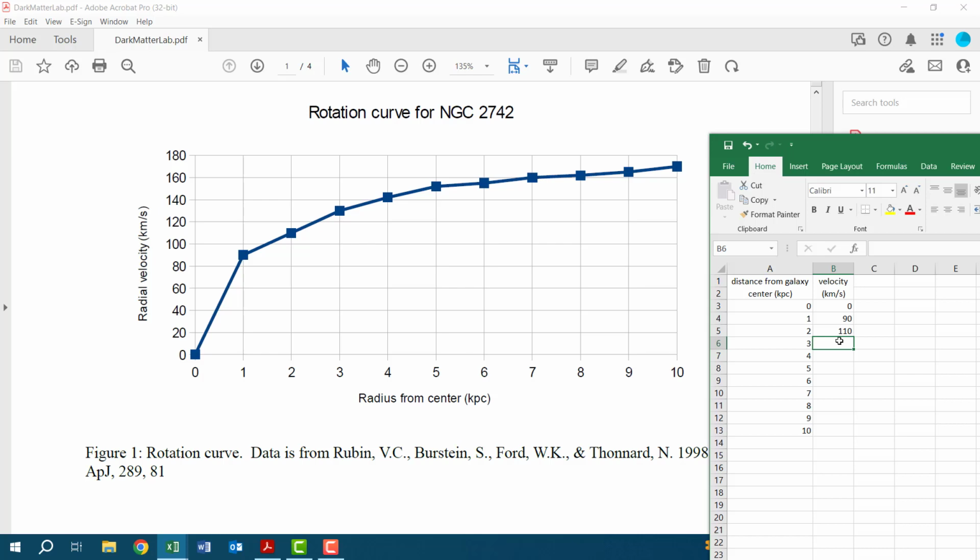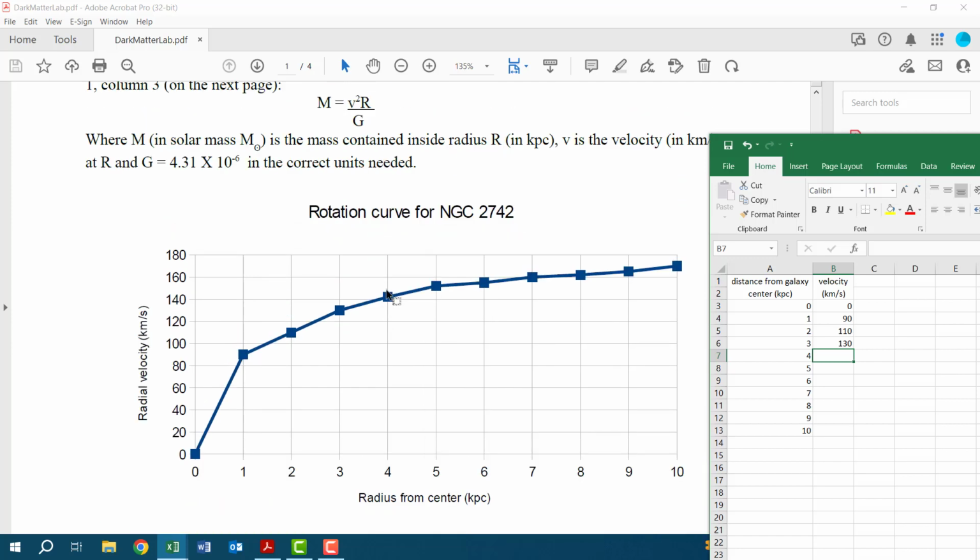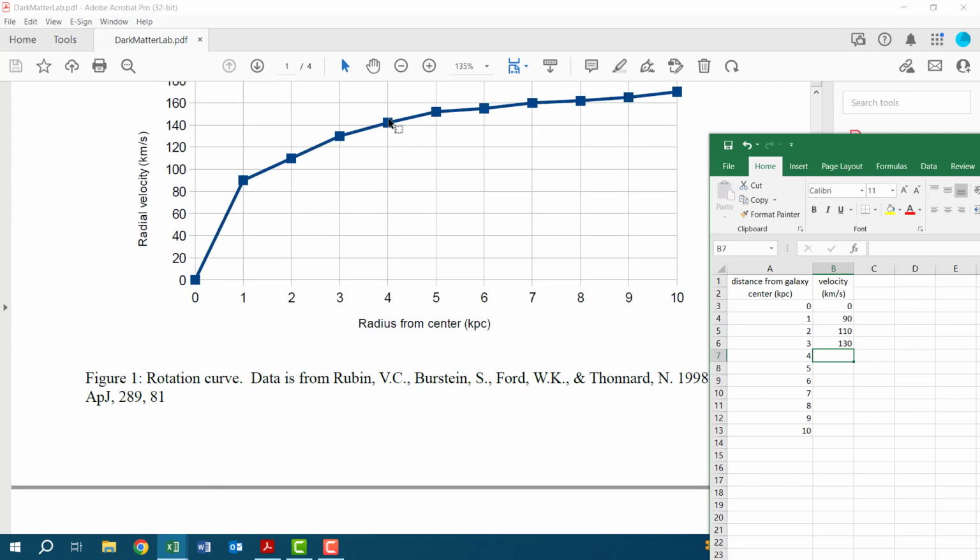Let me keep going until we get to one that's a little more difficult to interpolate. These are pretty easy. Number 4. Okay, so you can see this one's not right on top of 140. It's also not as high as 150, which would be the midpoint. So I have to guess. I suppose I could zoom in. No, I can't zoom here. I'm just going to guess that it's like 2/5 of the way from 140 to 150.